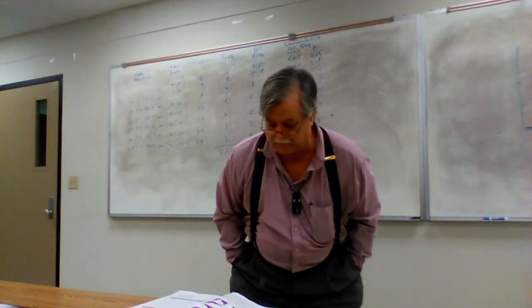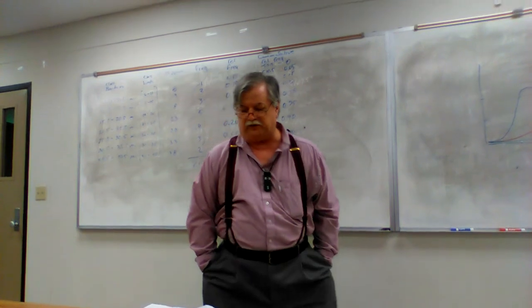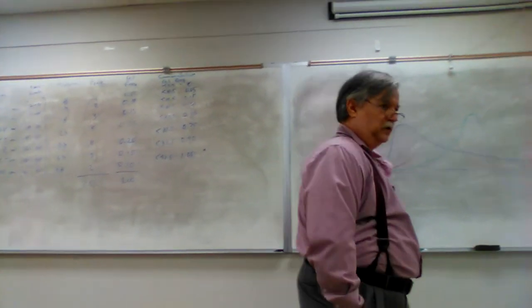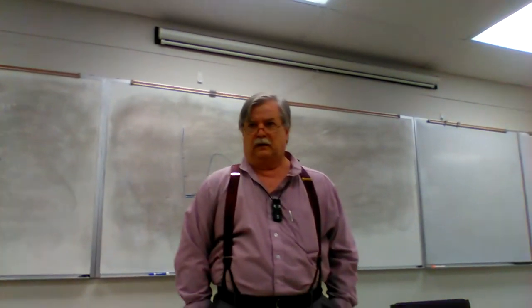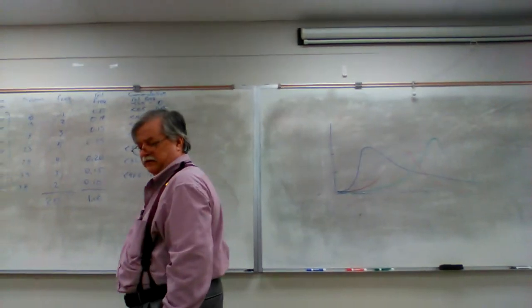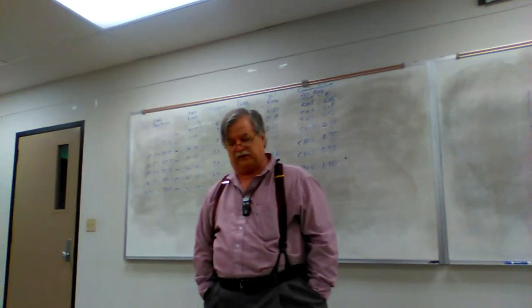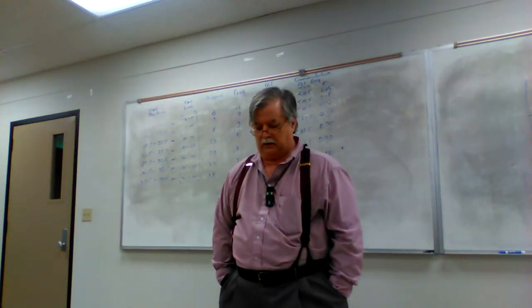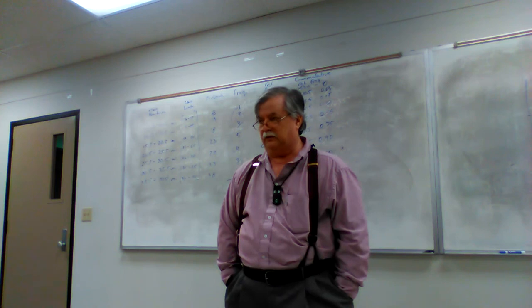The last two are bimodal and U-shaped. You'll see those. So let me ask you, what is the difference between J-shaped, reverse J-shaped, right skewed, and left skewed? What's the difference?